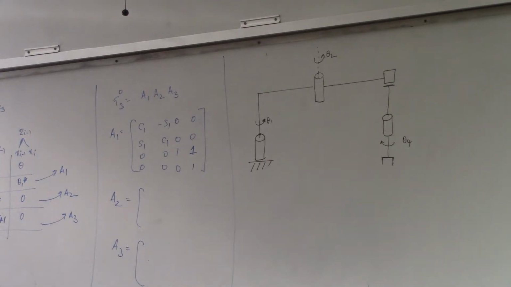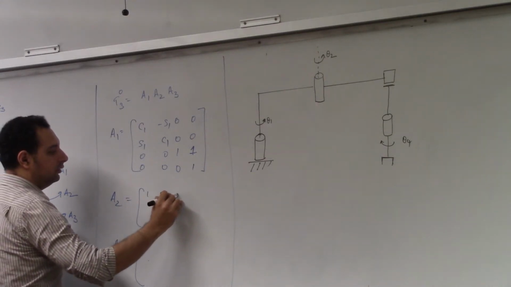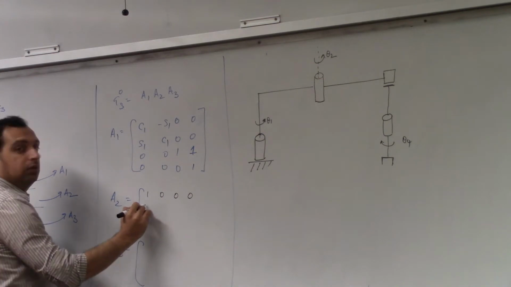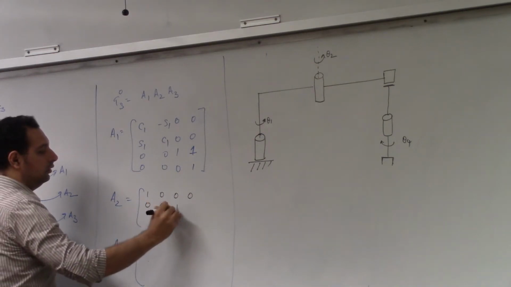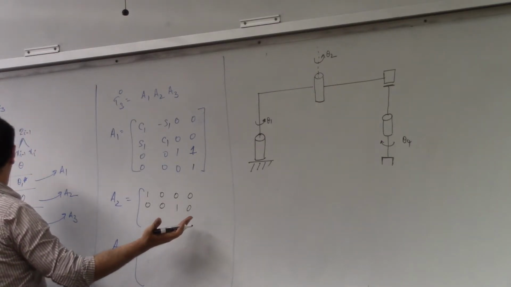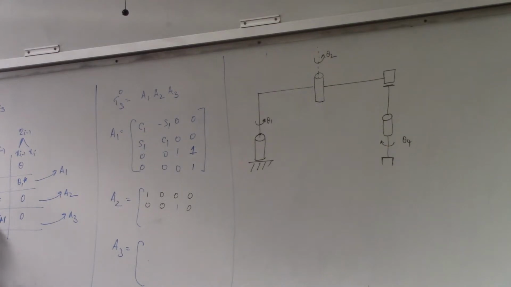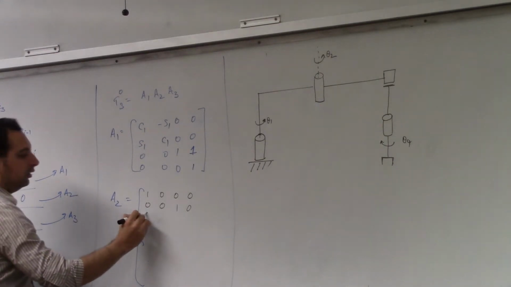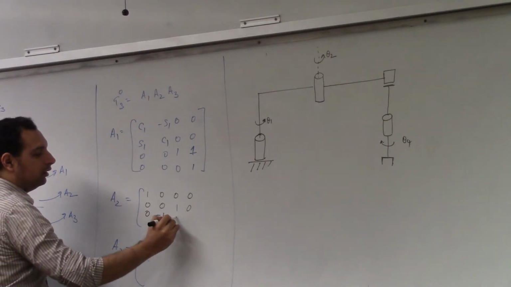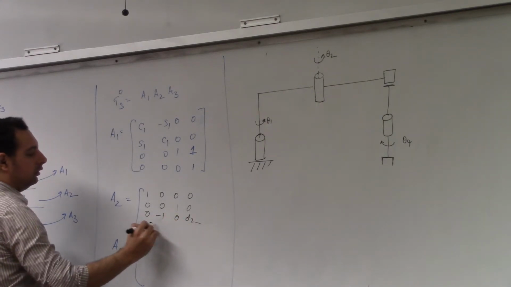It will be 1 0 0 0. Like this, yeah. 1, 0 0, 0 1, 0 0 0 1 0. What do you mean 0 minus 1? Oh, there has to be D2, okay. 0, D2, okay, good. Yeah.